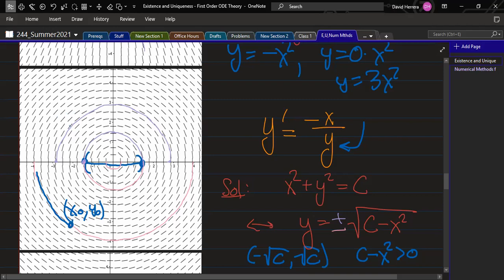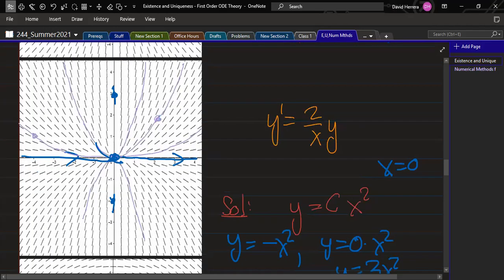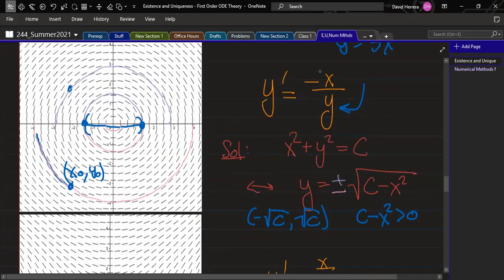In this case, it doesn't depend on the sign of y naught. But if you started up here, the interval of existence would be much longer, something like that. Very rough sketch. In these cases, the existence interval didn't really depend on y naught, and that's because the differential equation is linear. When it's nonlinear, it depends on the initial condition of x and y.